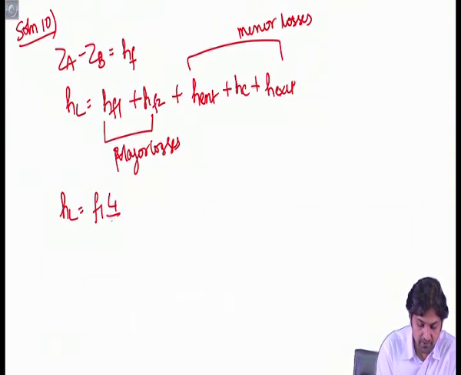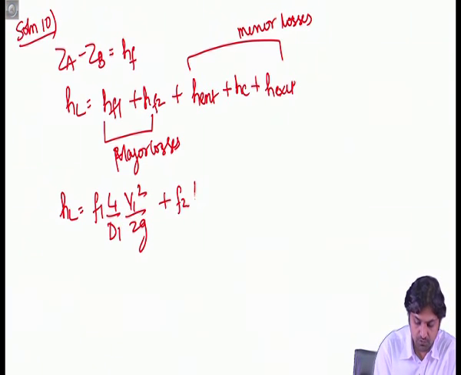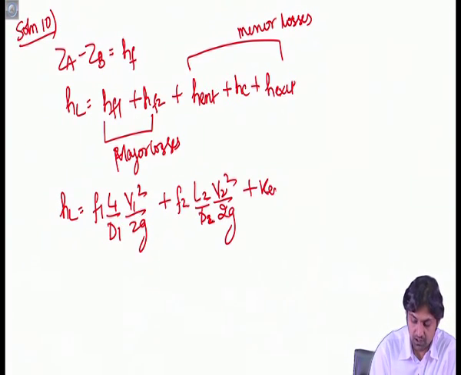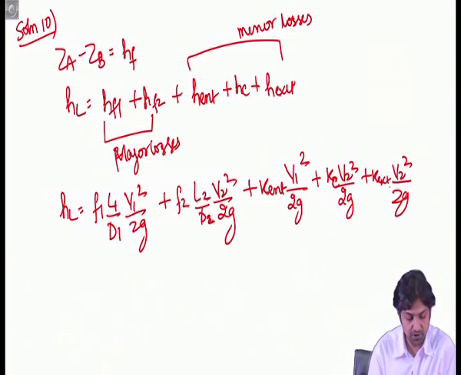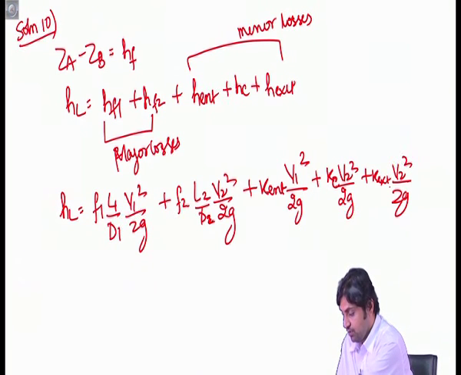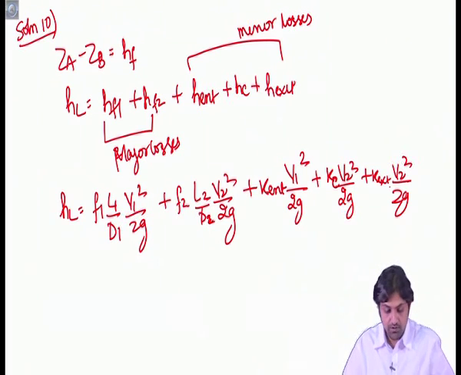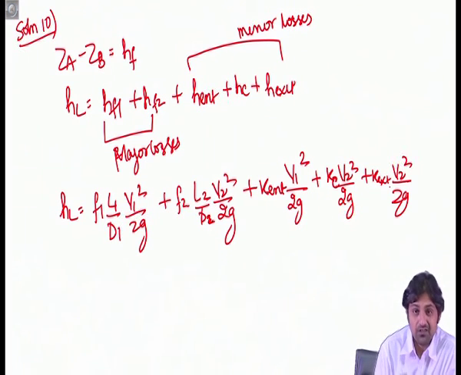F1 L1 by D1 into V1 square by 2g plus F2 L2 by D2 into V2 square by 2g plus K entrance V1 square by 2g plus Kc into V2 square by 2g plus K exit into V2 square by 2g. This is an important formula. Now we need to find out the flow properties in pipes 1 and 2.